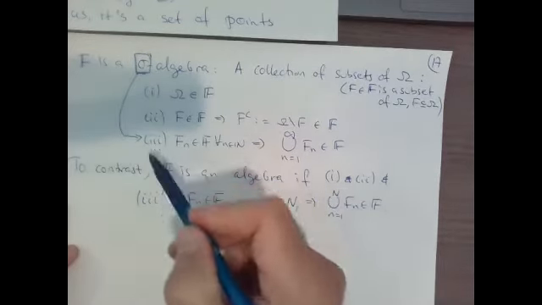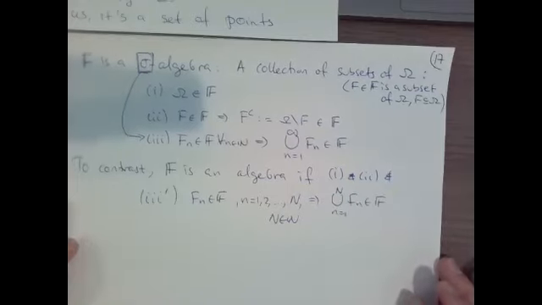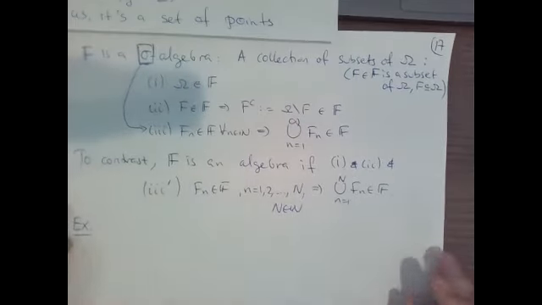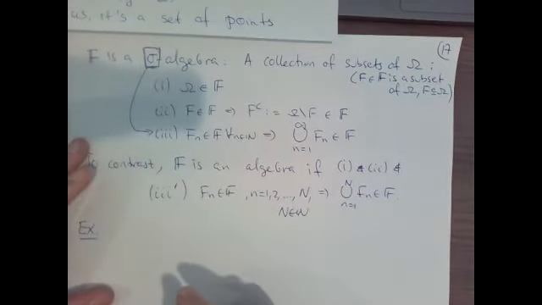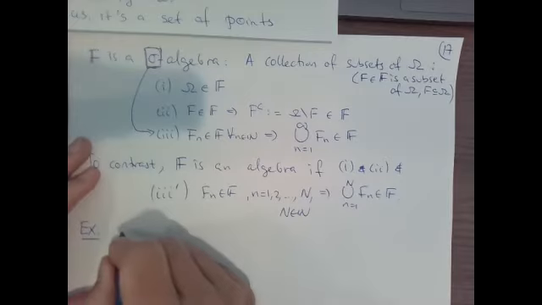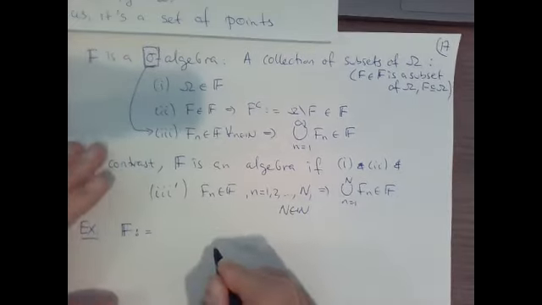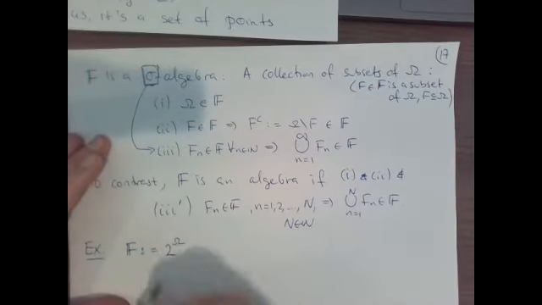If properties 1, 2, and 3 hold, well then you're good. So what could be examples here? One example is I take F to be 2 to the omega.